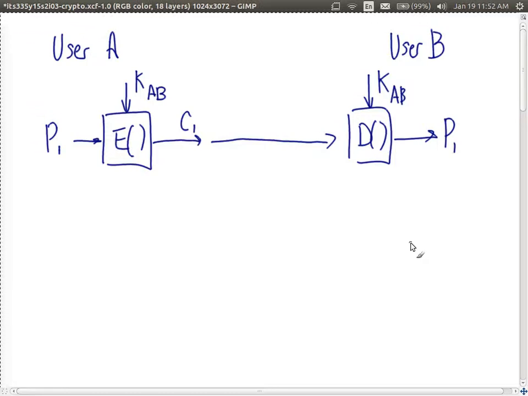If user C knows KAB, then it's not a secret and our system fails. So we'll assume no one else knows KAB. If user A wants to communicate with user D, they would have a different shared secret key, KAD. So each pair of users in a system would have a shared secret key.